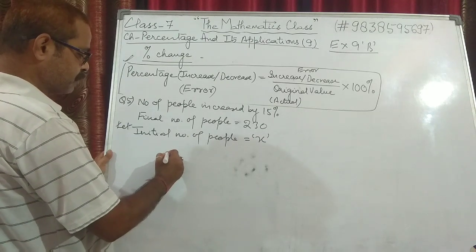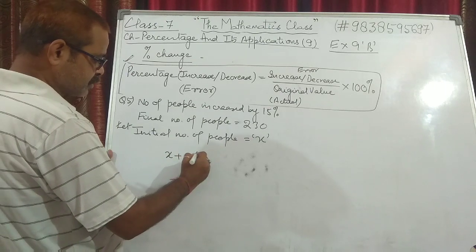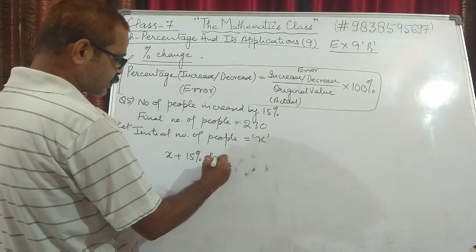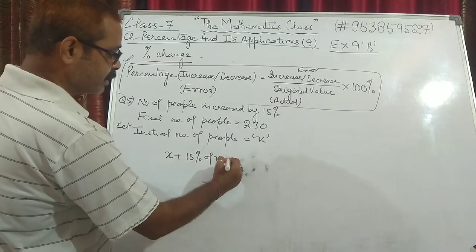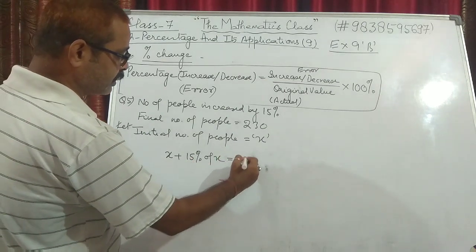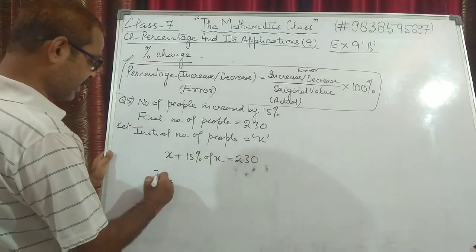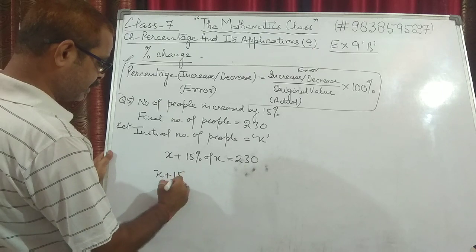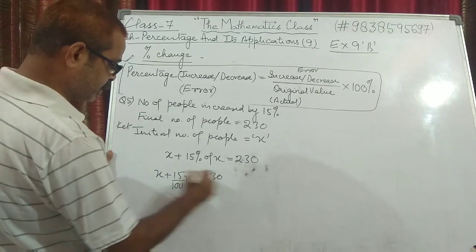Initially the number of people was x, and during the year 15% of x were added to the original number, so it has been increased, and the final value after the increment was 230. So x plus 15% of x is equal to 230.